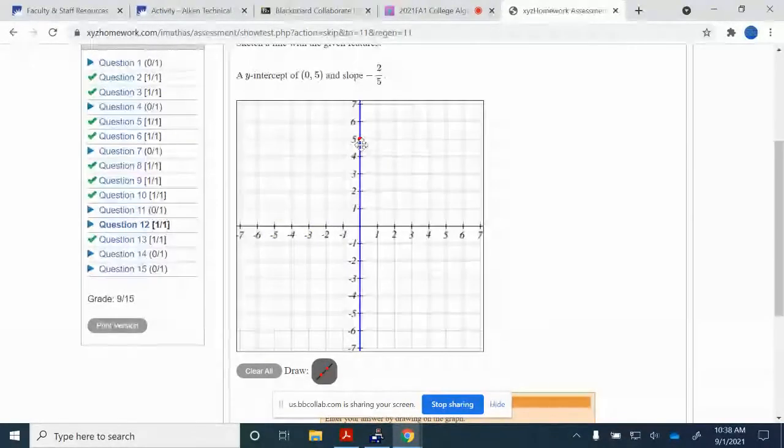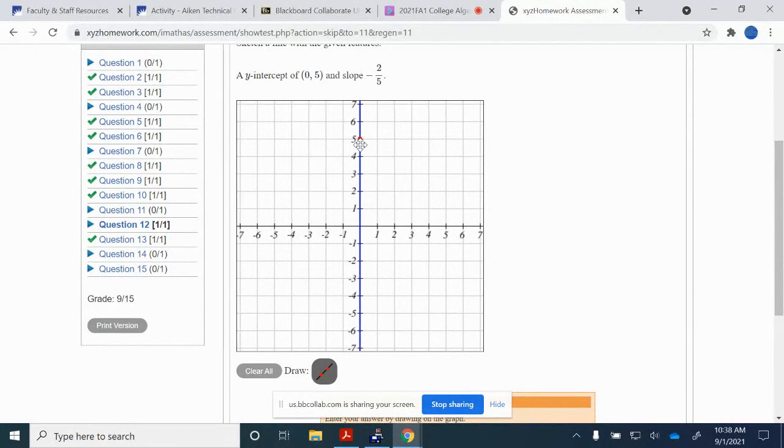All right, so notice I plotted my point (0, 5). For my slope, it's -2/5. So from my y-intercept point, I'm going to go down 2 units, 1, 2. That's my rise. I'm going to run 5 units to the right. 1, 2, 3, 4, 5.